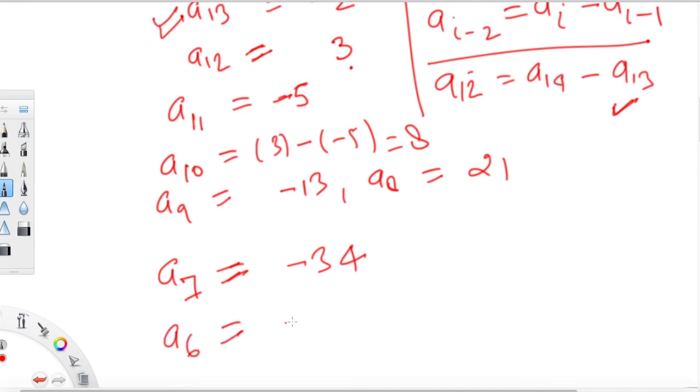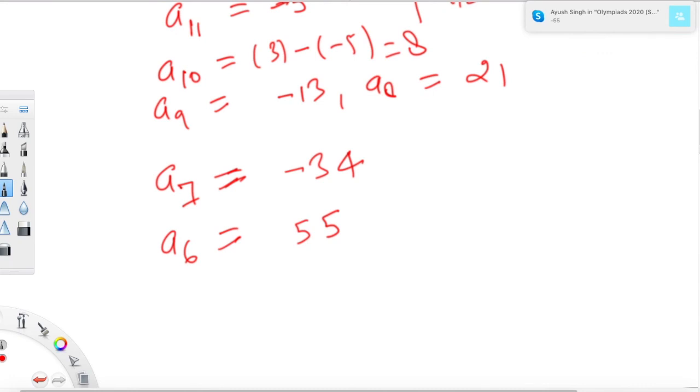What is a6? 55, not minus 55. a5 is minus 89. a4 is 144.